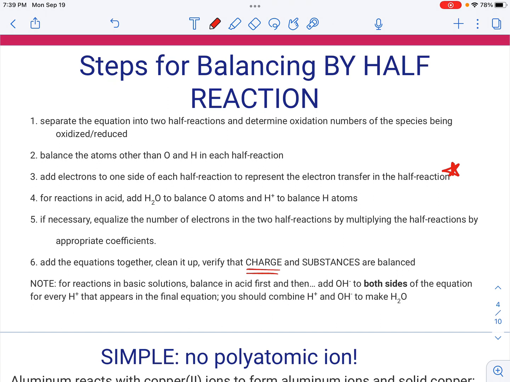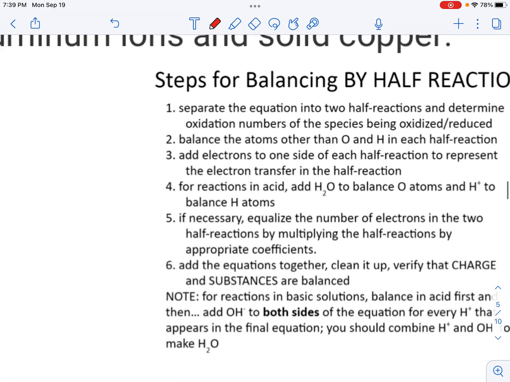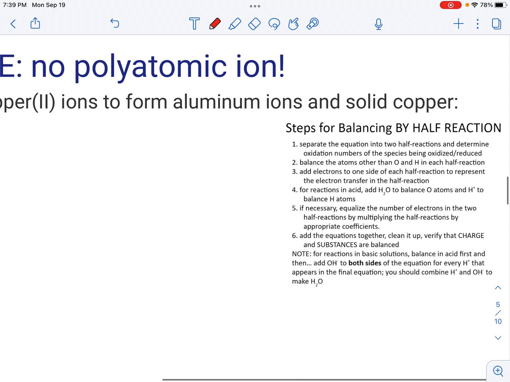We add waters to the equation to balance the oxygens, and add hydrogen ions if necessary to balance hydrogens. If it's basic, we'll come back later after we've added half reactions together. I think it's easier just to show you how these steps work. I repeated these steps on this slide as well, and we're going to go through them as we go.